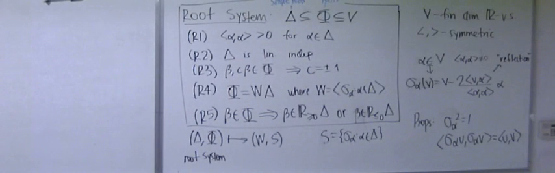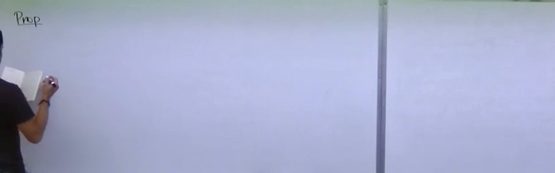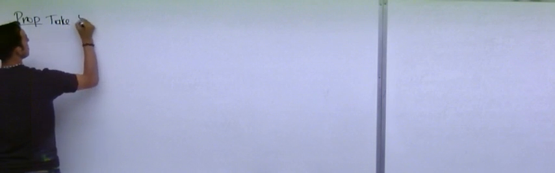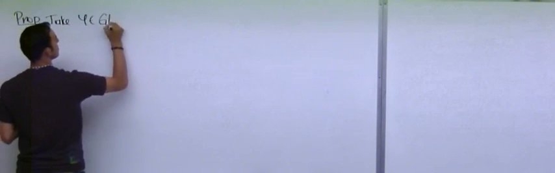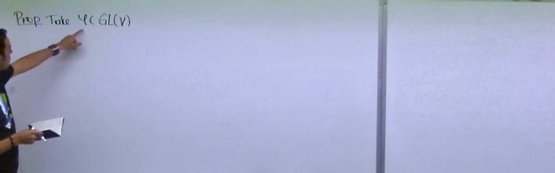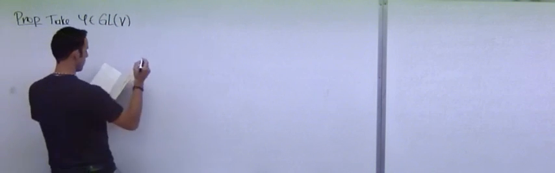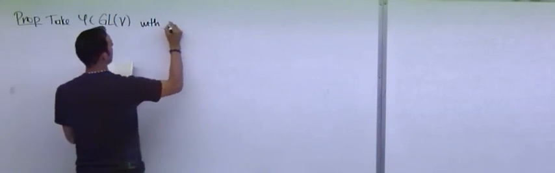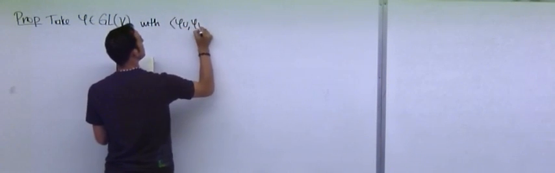And so let me start by talking about some linear algebra. Let's say that you take some invertible linear function in V, which preserves the norm.